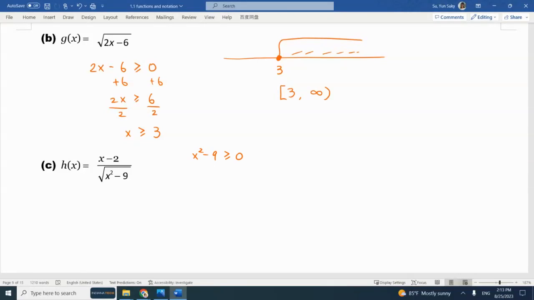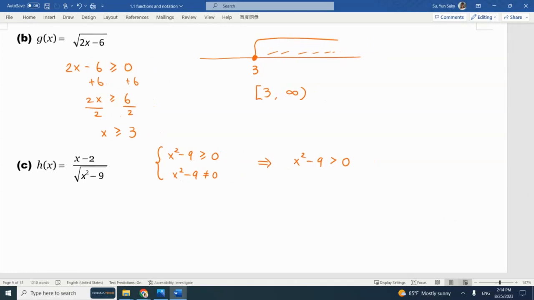Also, because this is in the denominator, it cannot be 0. Because it's in the square root, it's greater than or equal to 0. But it's also in the denominator, so it cannot be 0. Therefore, this means x squared minus 9 must be greater than 0. So far, so good, everybody?